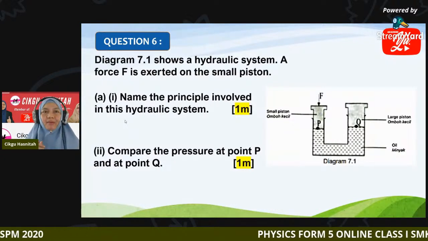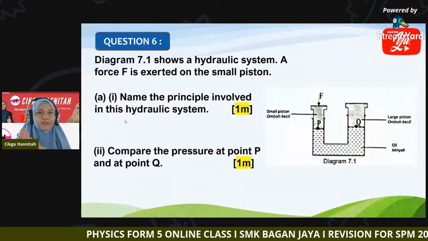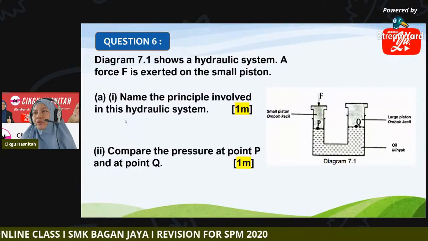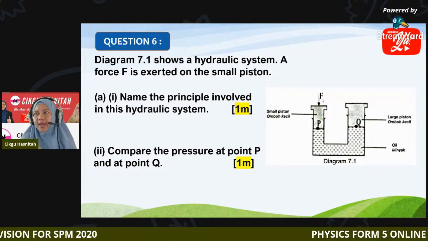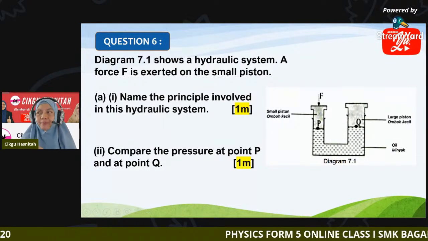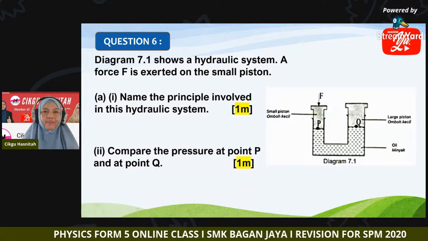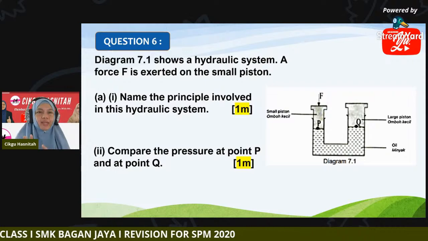Diagram 7.1 shows a hydraulic system where force F is exerted on the small piston. On the left side is a small piston where we apply the force, and on the right side, we have a larger piston.